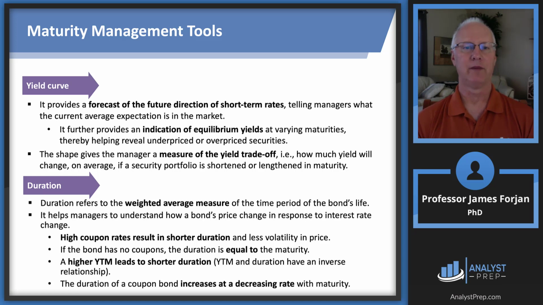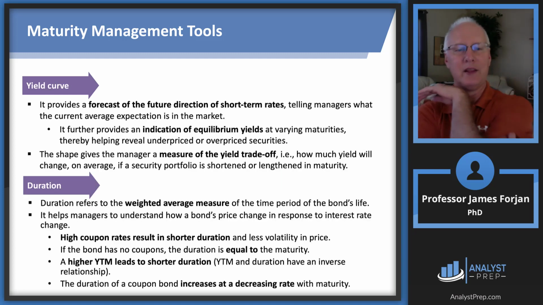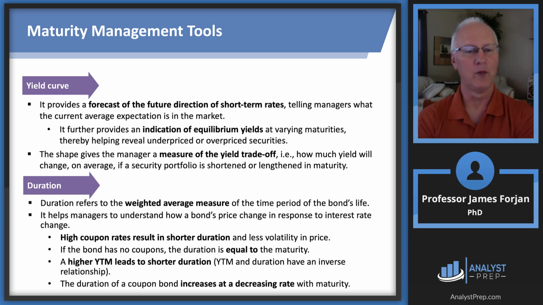And so duration management, I mean, we could have an entire semester's class on interest rate risk, and it really is lots and lots of fascinating stuff. Let me stay here for a second. One of the disappointments I had in reading this chapter was that there was no mention of convexity. Duration is the first derivative of the price-yield relationship, and convexity is the second derivative.